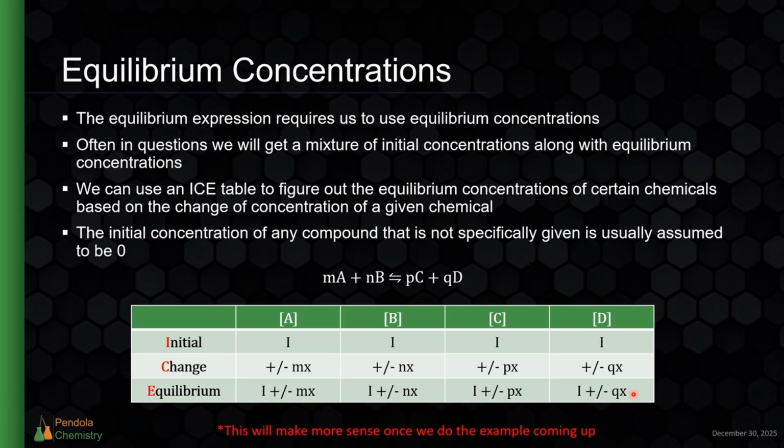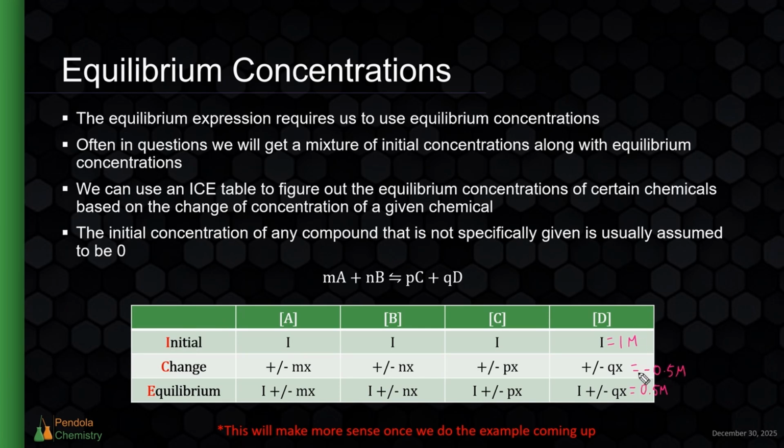Well, what you have to realize is that when we have an equilibrium, from the initial concentration to the equilibrium concentration of any reactant or product, a change will be made. So, for example, if we initially had, let's say, 1 molar D, and then at the end, once equilibrium was reached, we have 0.5 molar D, then the change here would have been negative 0.5 molar.